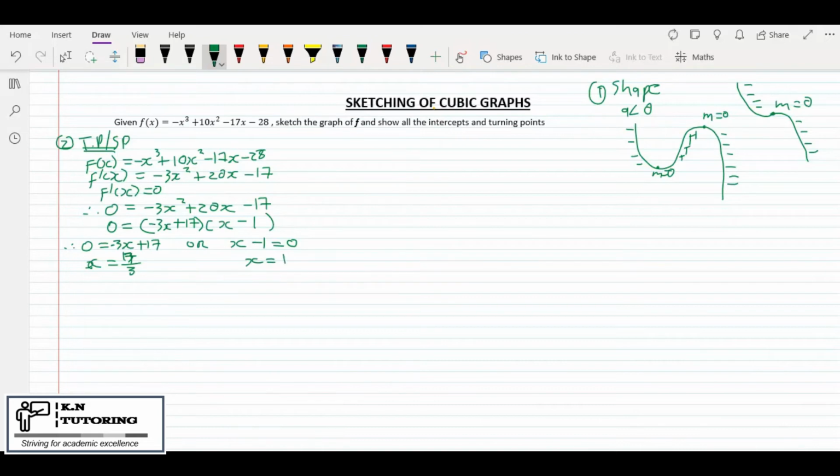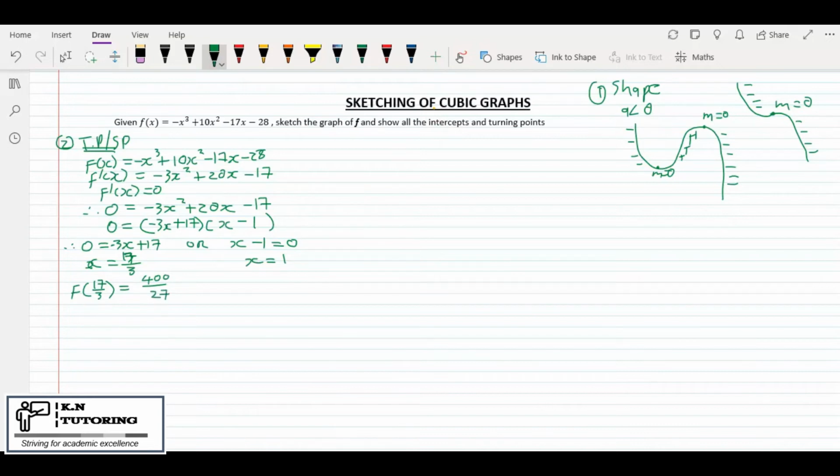or x is equal to positive 1. So for me to determine the corresponding y value, I'm going to say what is my f of minus 17 over 3. If you use a calculator, you substitute this into the original, where you see x, you put minus 17 over 3. If you don't know how to do this, go to the first lesson of this chapter where I was looking at functional notation, and then you will get an answer of minus 400 over 27.